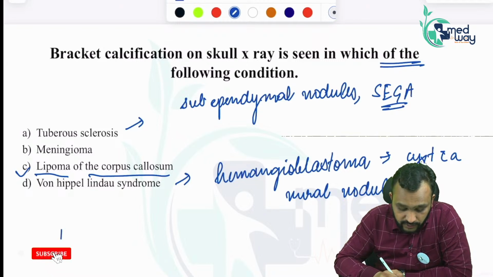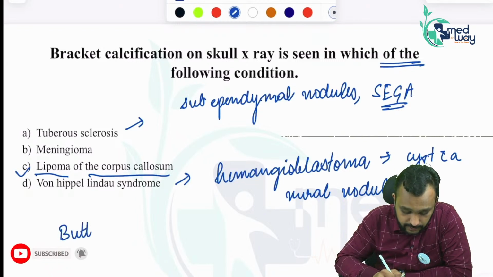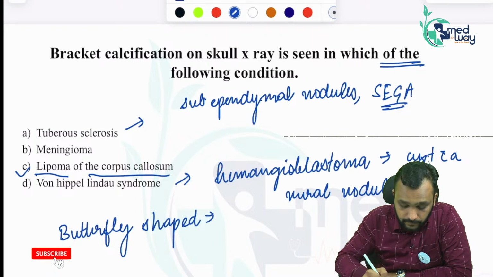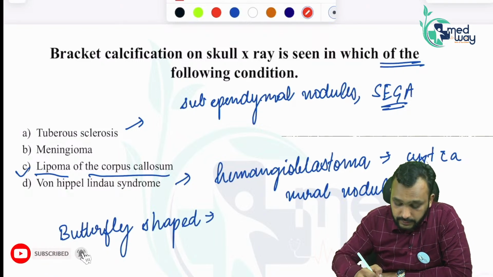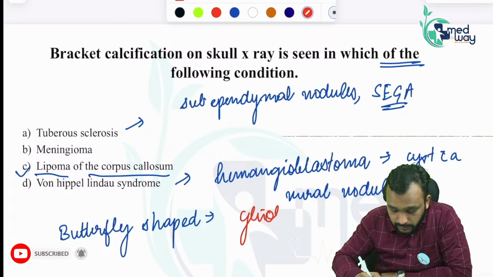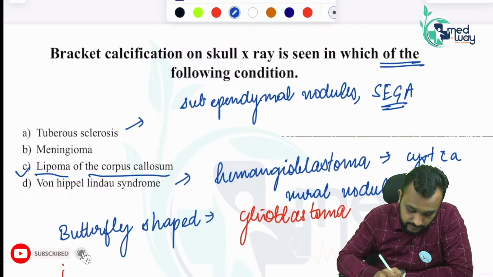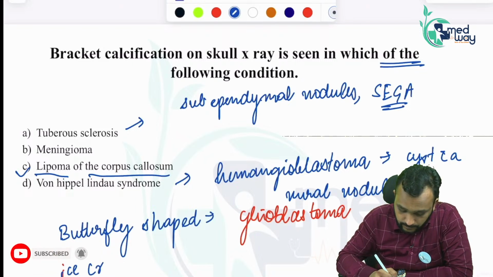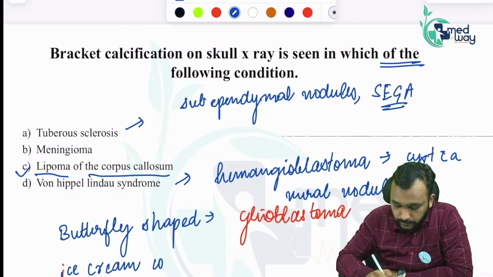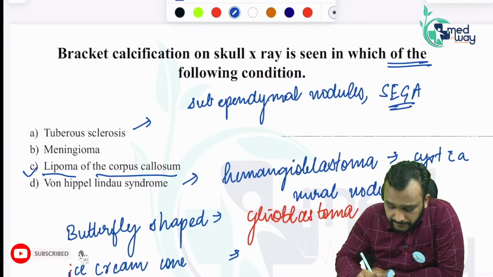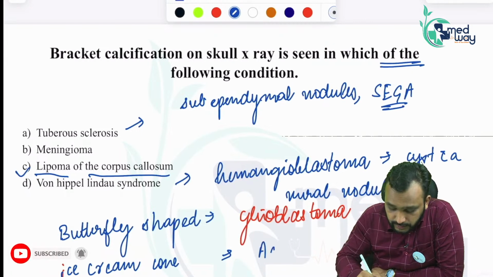So guys, can you name one tumor which has a butterfly shaped appearance? Butterfly shaped tumor. It is glioblastoma. Ice cream cone appearance is seen in the CP angle tumor, which is your acoustic schwannoma.